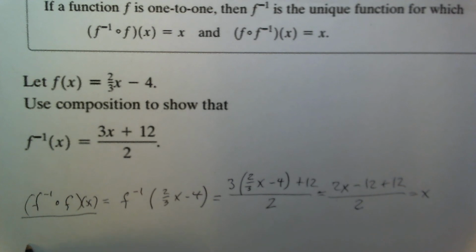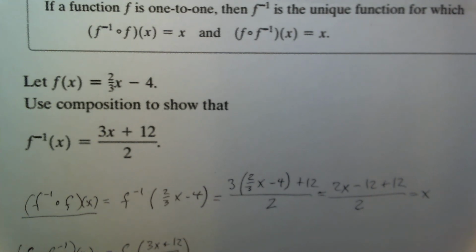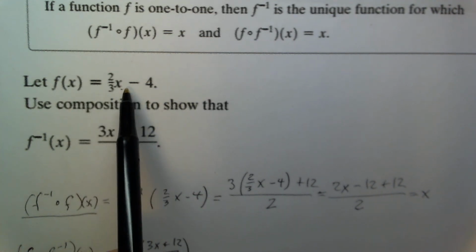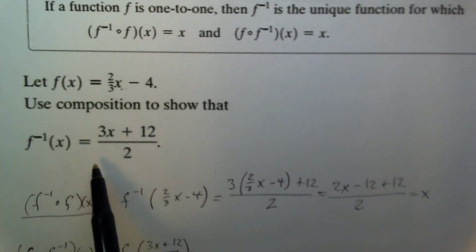When we take the composition of f and f inverse of x, that means f of 3x plus 12 divided by 2. Now we replace x in this expression for f of x with 3x plus 12 divided by 2.